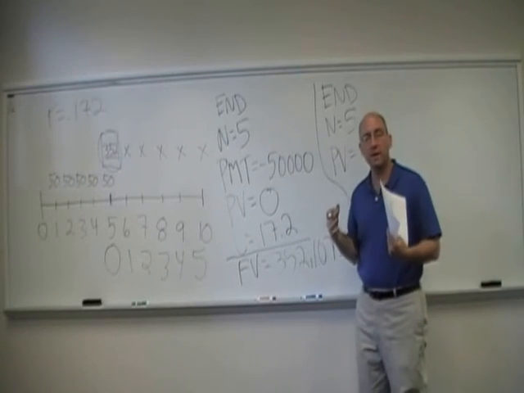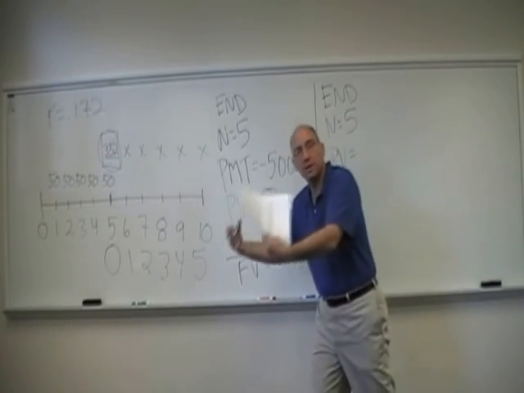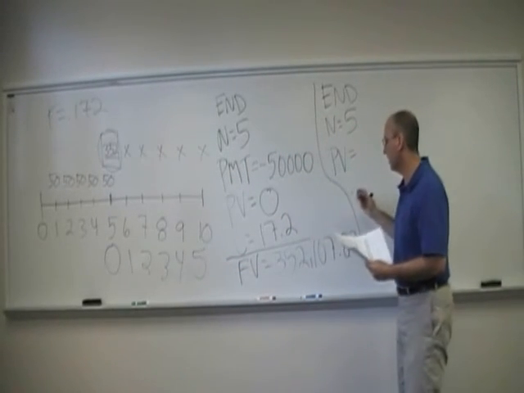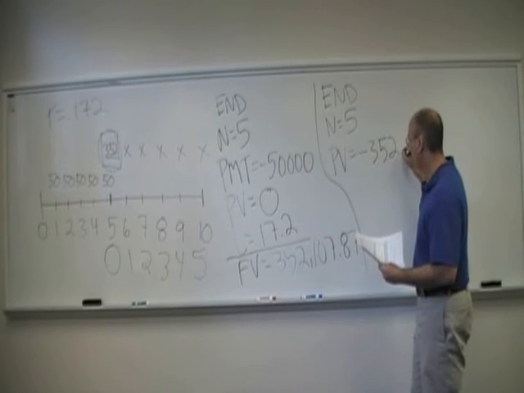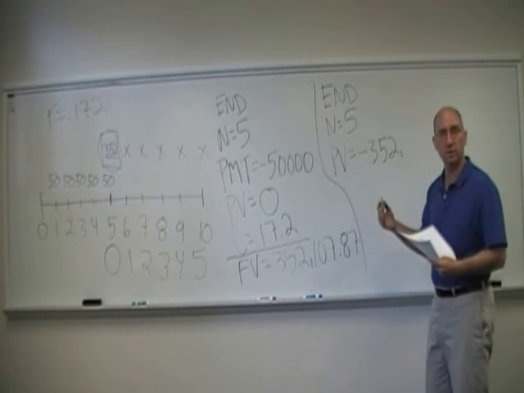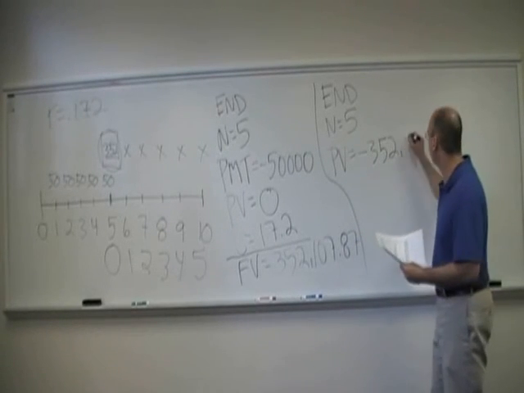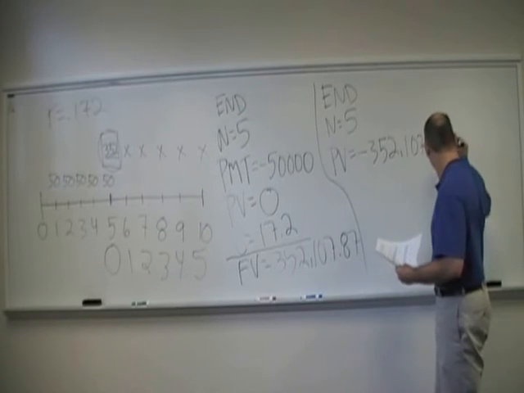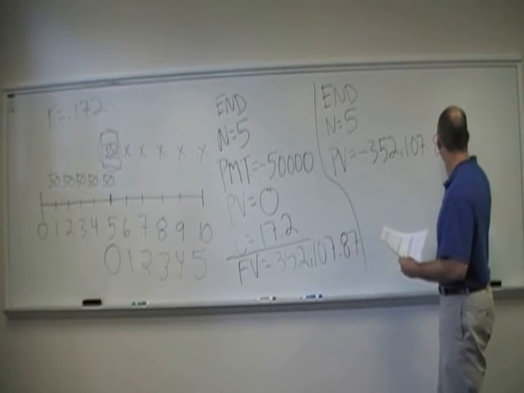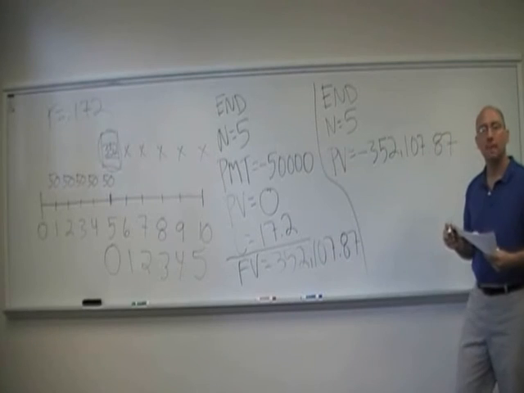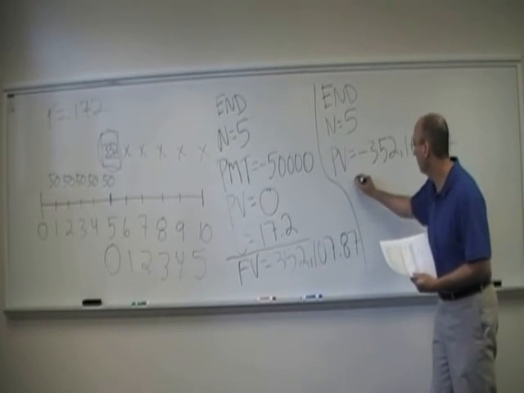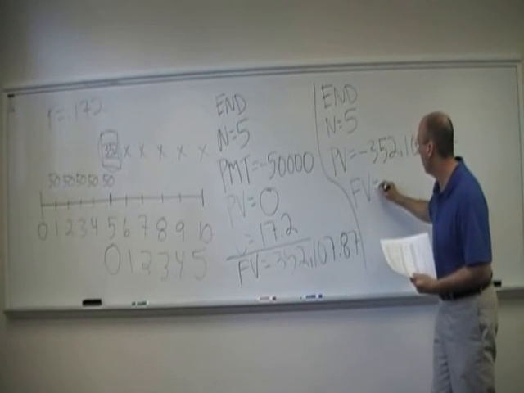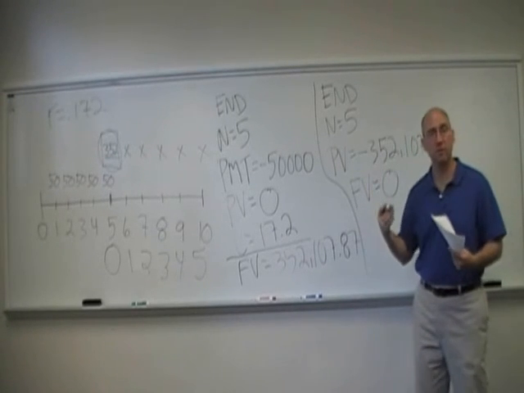PV, how much money does he have? It's as if he puts in the money that he saved for retirement: negative 352,107.87. FV, he's not going to be left with anything when he's done collecting his 5th retirement payment.